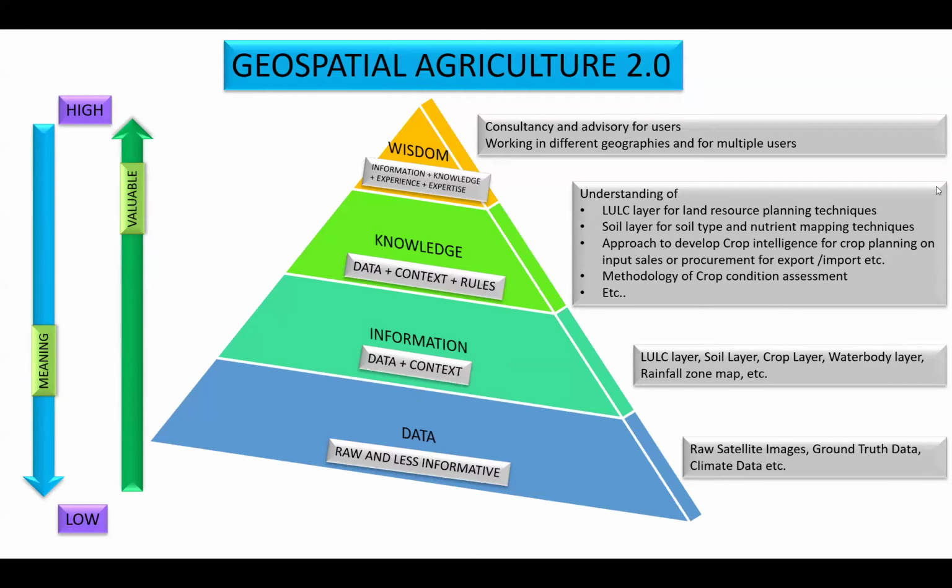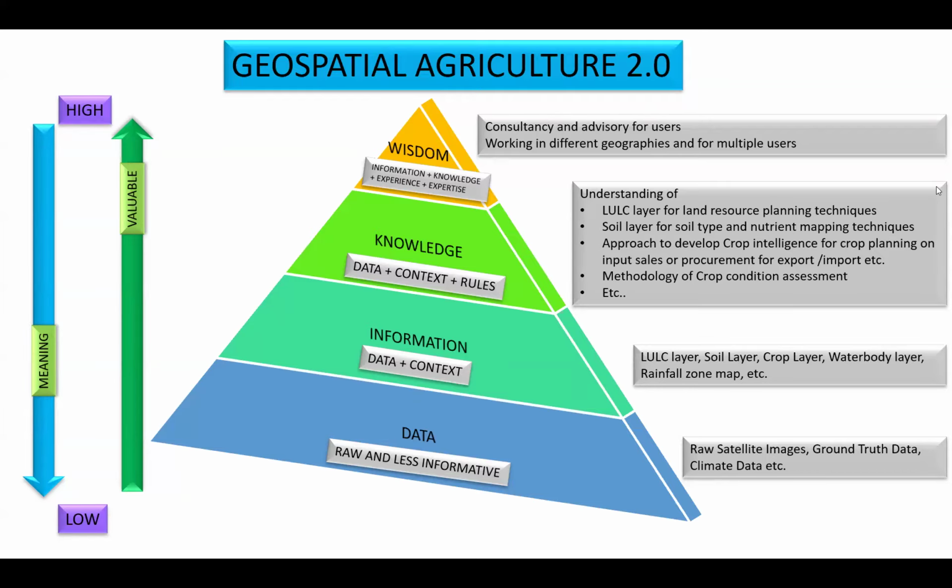This is how, using data, information, and knowledge, we generate the advisory system and how crop advisories are built. You might have come across mobile apps or digital dashboards that give advisories: in your area, the soil is like this, the temperature in the next 7 days will be XYZ, the rainy patterns will be like this, and based on the land use land cover pattern and the soil type, we advise you to do A, B, C things.